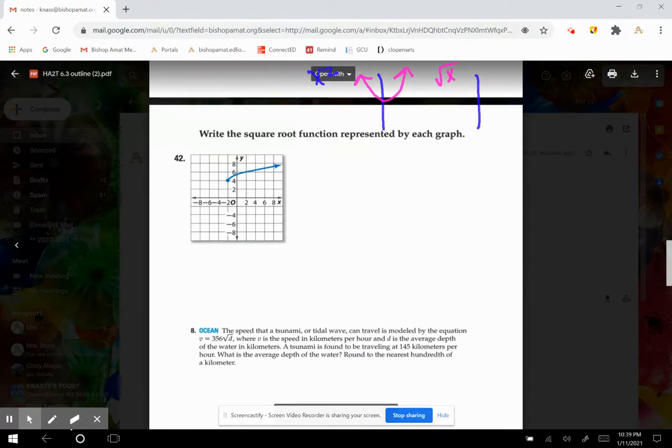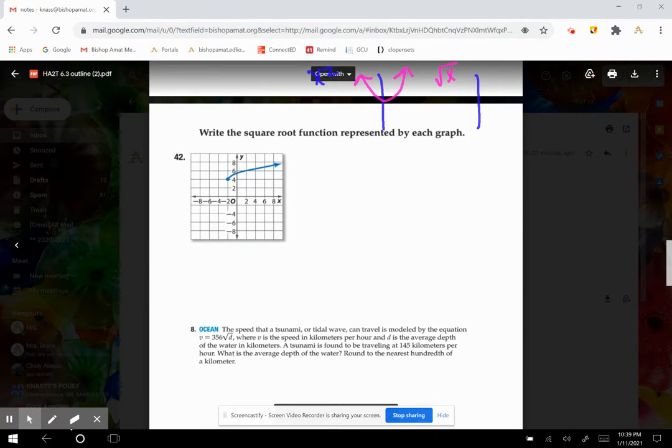Okay, let's look at when you're having to write it from the graph. So we need the original equation, y equals a square root of x minus h, plus k. The starting point, that vertex right there, is -2, 4.